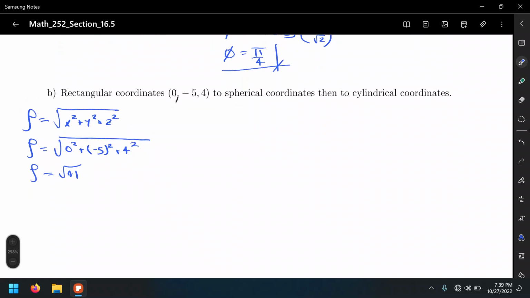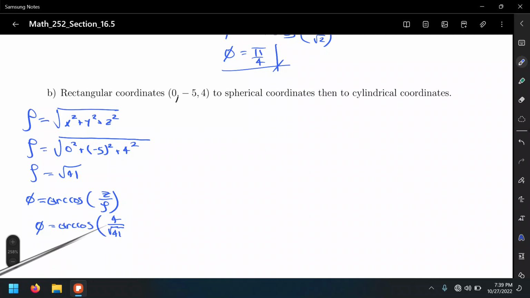Let's find phi. Phi is arc cos of z over rho. We know the value of z in this case, which is 4, and rho is the value that we just found, root of 41.